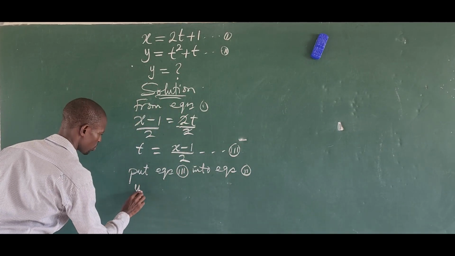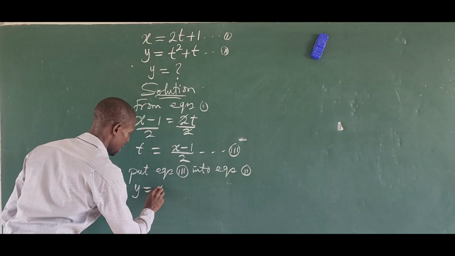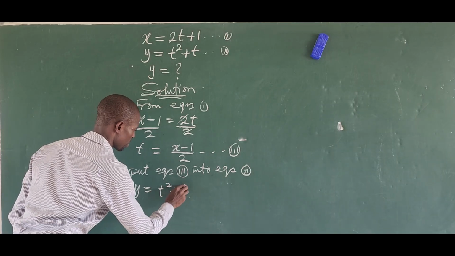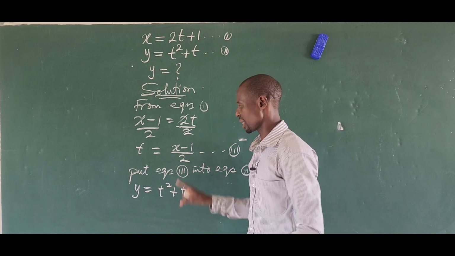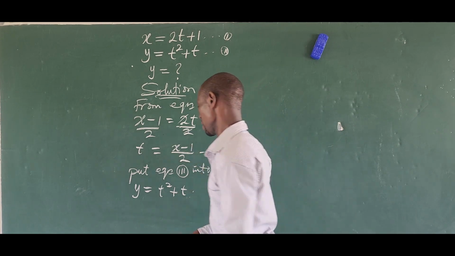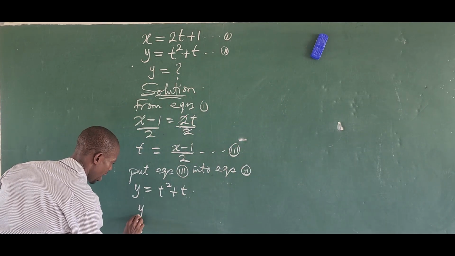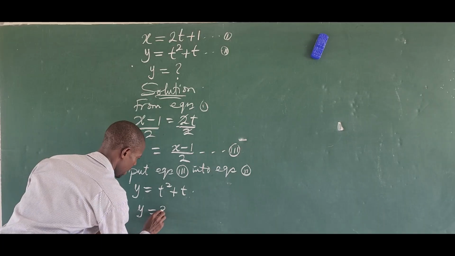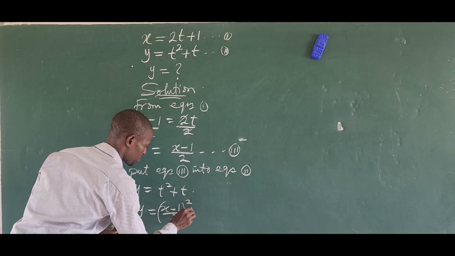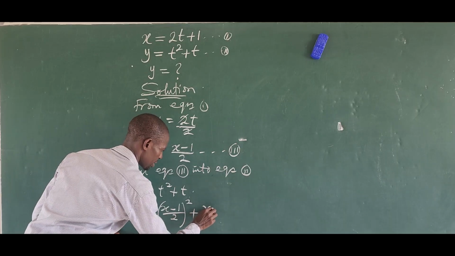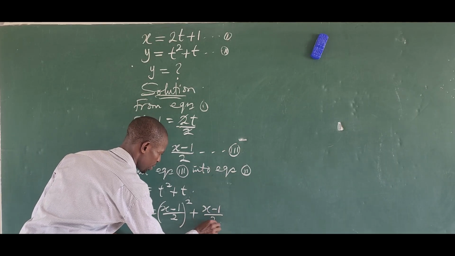Our equation 2 says y is equal to t to the power of 2 plus t. Wherever we see t here, we want to put in equation 3, which is this, right? So this gives us y is equal to x minus 1 all over 2, all raised to the power of 2, then plus x minus 1 all over 2.